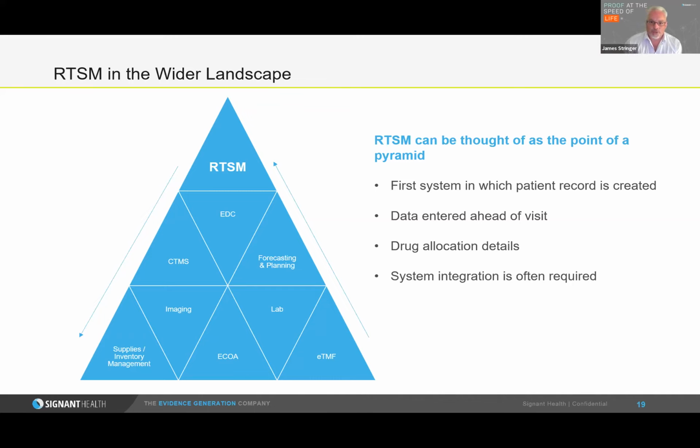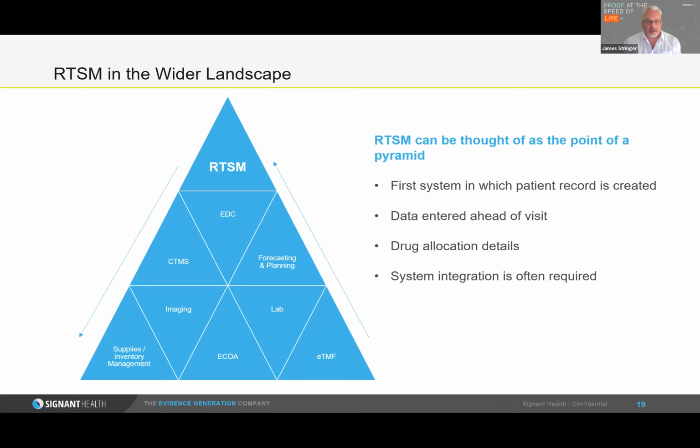So the more we can do to make RTSM more accessible, exchange data and reduce that site burden, the happier we make those sites. But if we leave RTSM to the last minute, even though we know it works in this wider landscape, we're almost shooting ourselves in the foot to start with.